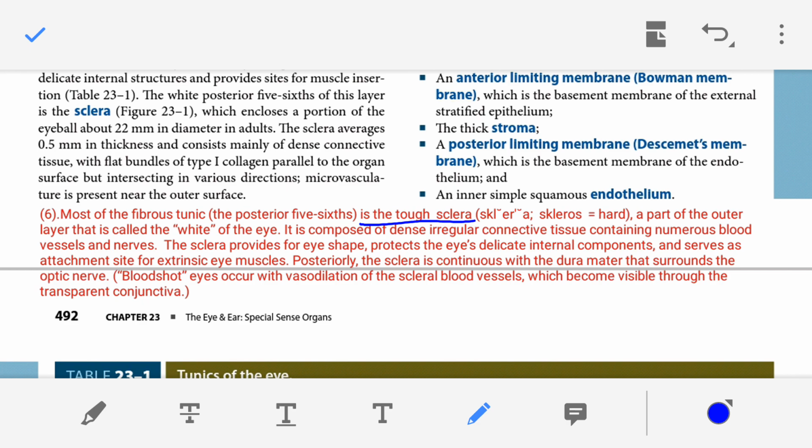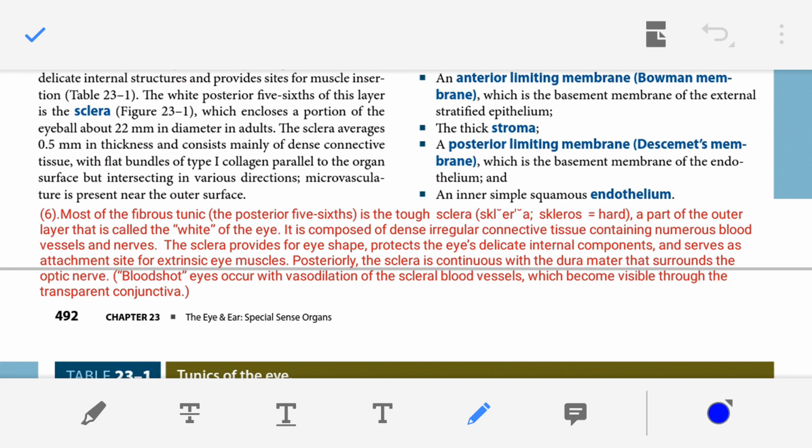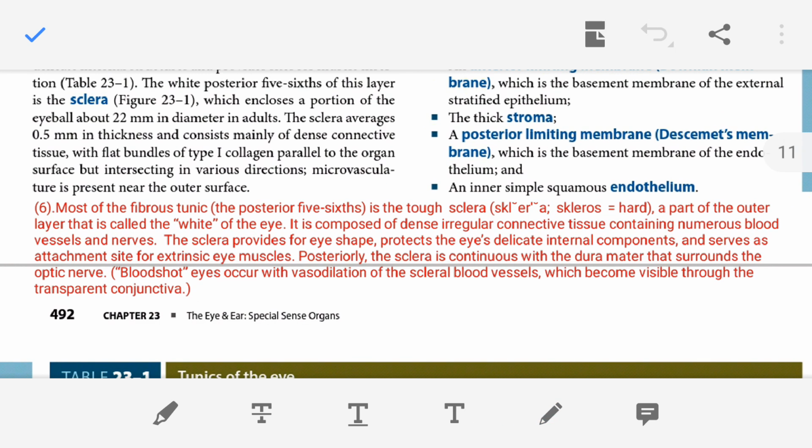The posterior 5/6 portion of our eye is occupied by sclera. Scleros means hard. So the sclera is a part of the outer layer, and this sclera is known as the white of the eye.